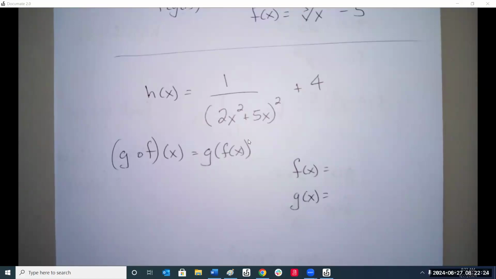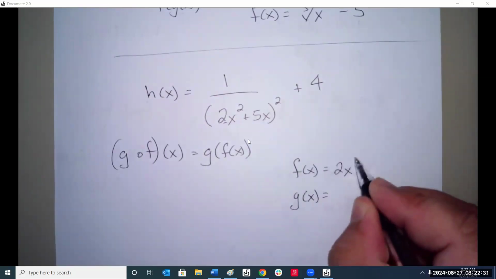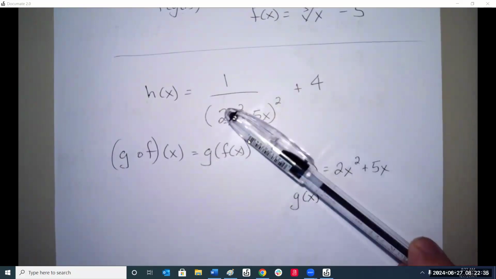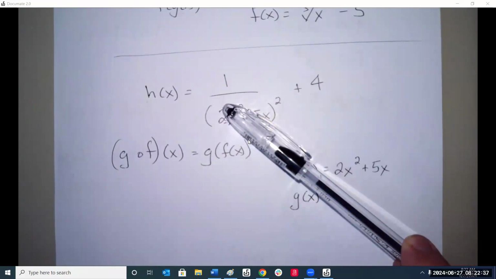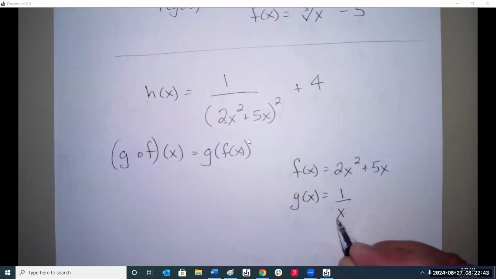So is there any function inside parentheses or special operations? Yeah, right here. So that's 2x squared plus 5x. If that just becomes an x, what do we have left? 1 over x squared plus 4. And that's what the bigger one is.